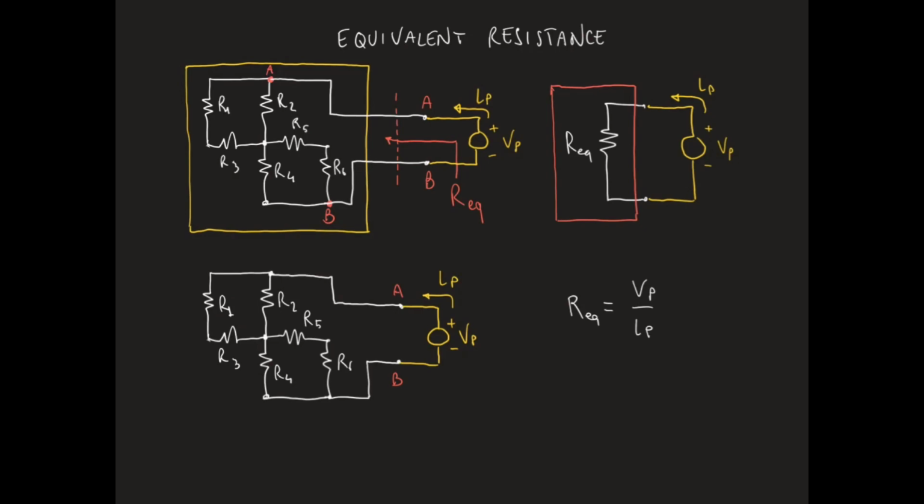The same purpose can be served by using, instead of a probing voltage source Vp, a current source Ip and evaluating the voltage Vp developing across the current source. The equivalent resistance will be again given by the ratio between Vp and Ip.